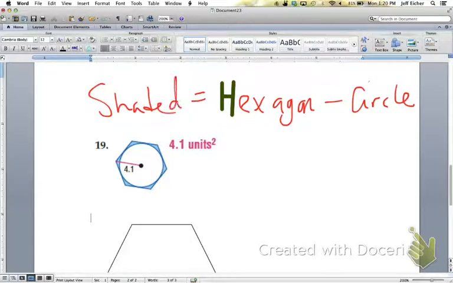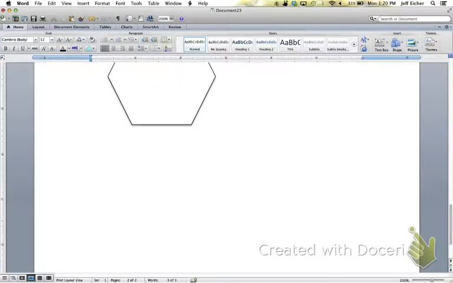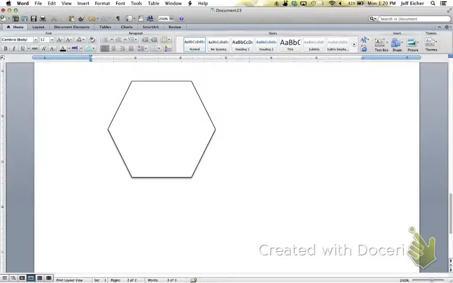To find the area of the hexagon, we're going to do something similar again. We're going to look at this triangle right here, which would basically be the same as this triangle down here. I'm just going to rotate it so I'm looking down at it like this.